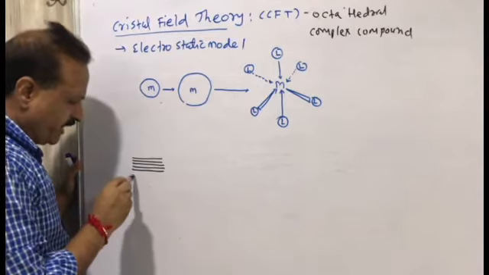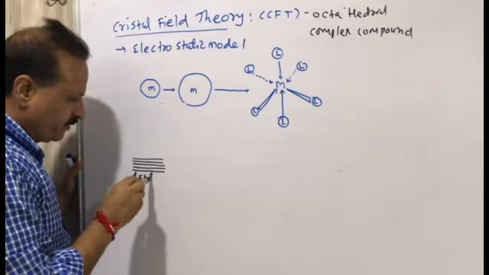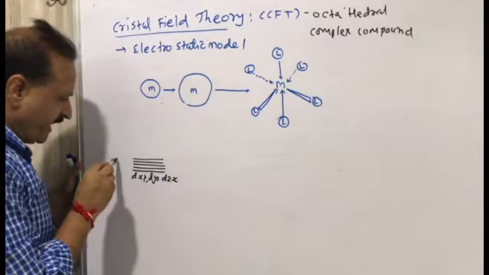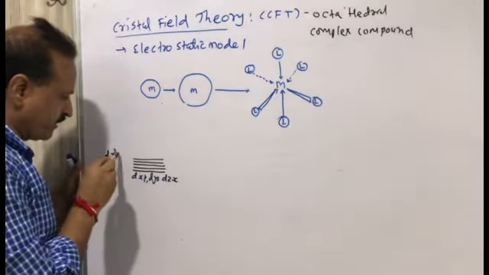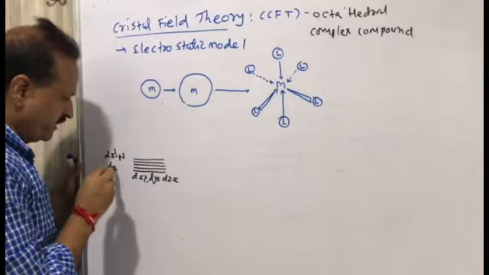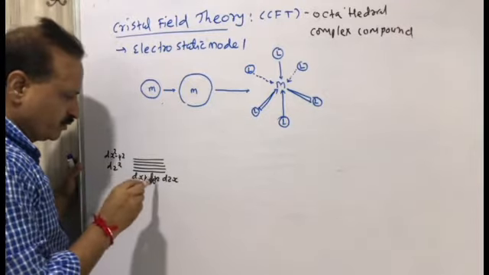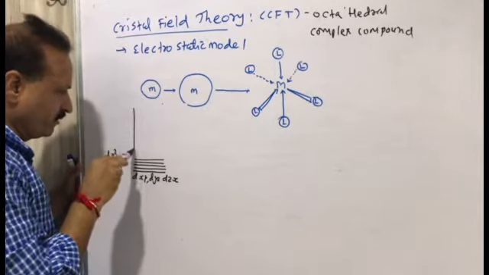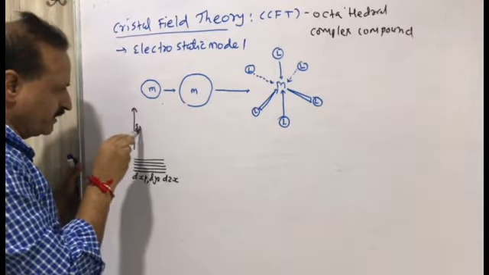So here I am writing d of xy, d of yz and d of zx, and over here d of x square minus y square and d of z square. So 1, 2, 3, 4, 5. Energy level will go up. Here is energy.